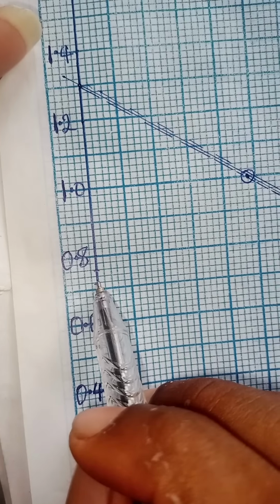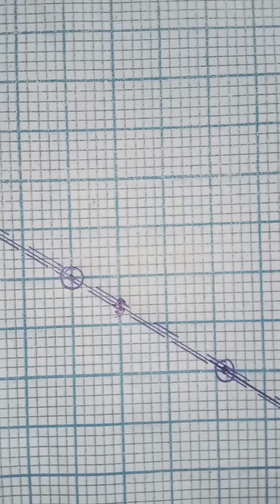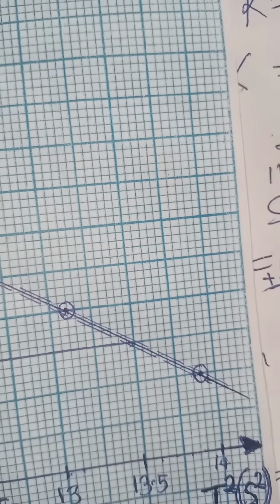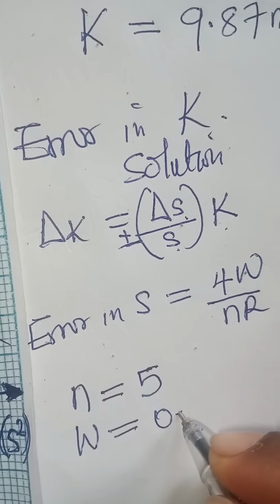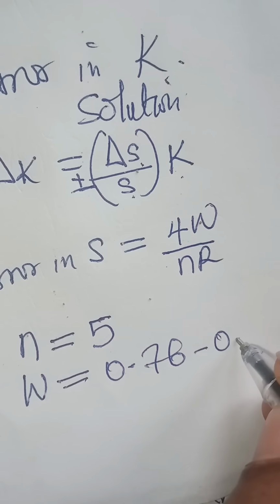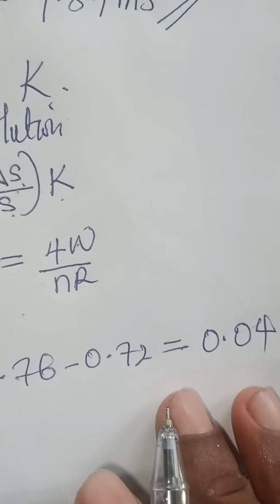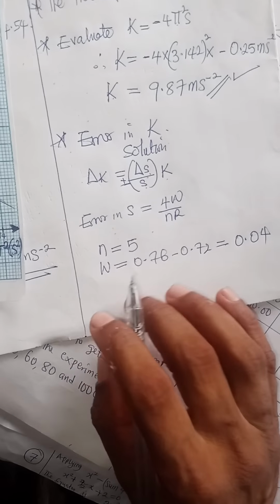Means that from those 2 points, my W is equal to 0.76 minus 0.72, which will give me 0.04. Okay, that is the vertical scatter.